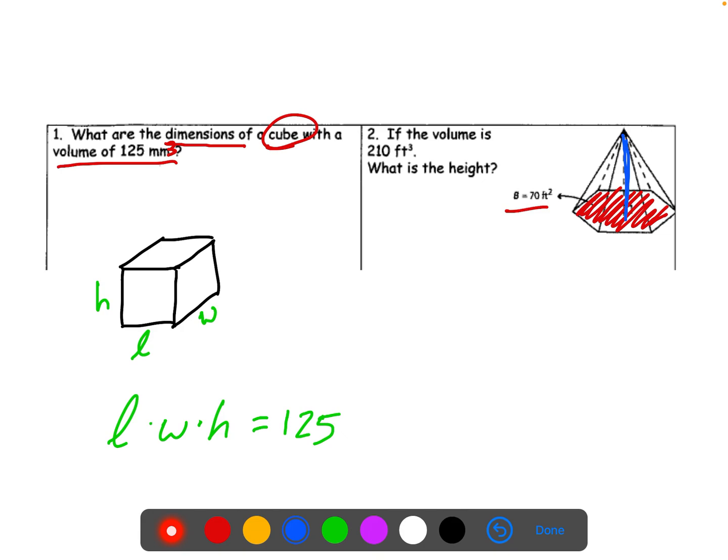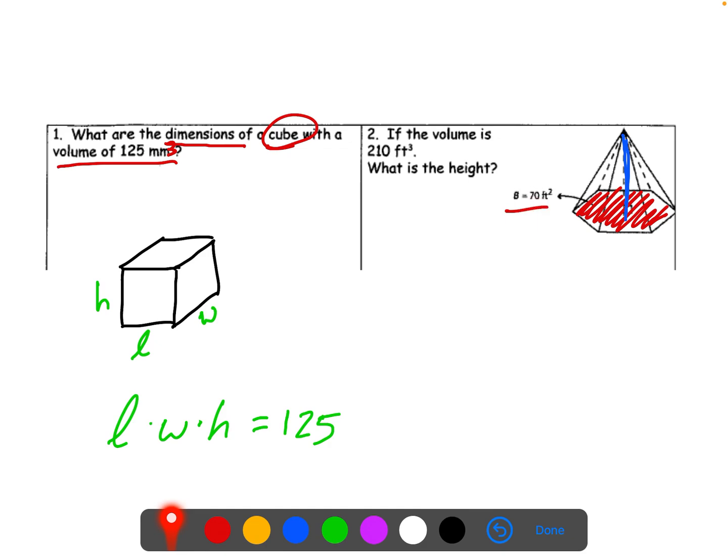So we need to go back to our formula for finding the volume of, in this case, a hexagonal pyramid. Okay, it doesn't really matter the shape of the base. We already have the area of the base.